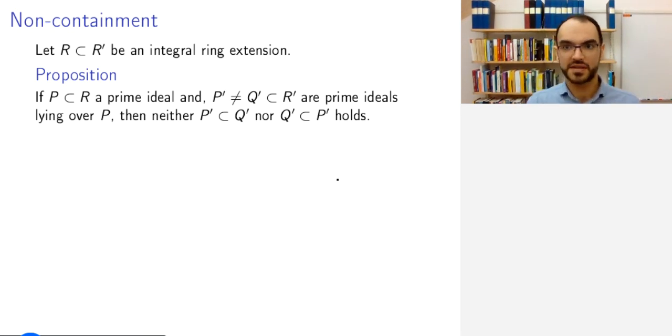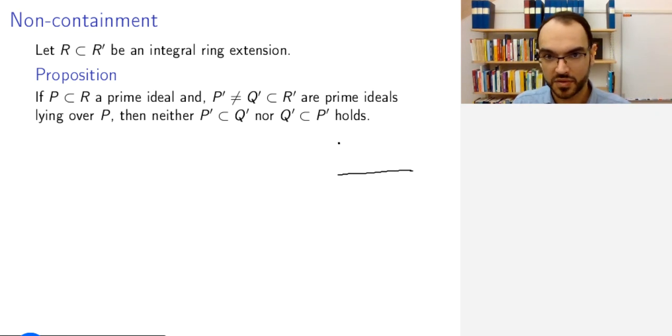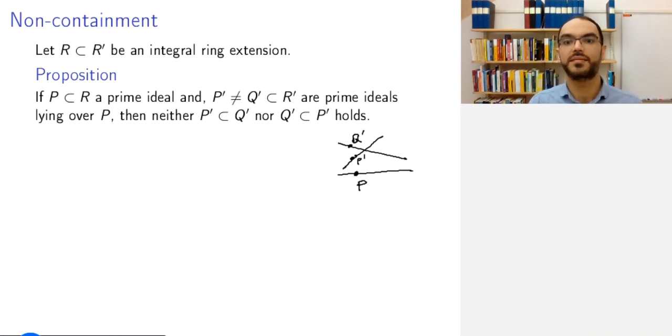So this is weaker than actual uniqueness, because in the picture we have here, this point corresponding to P will possibly have two different prime ideals lying over it. But if they are different, then one is not contained in the other.